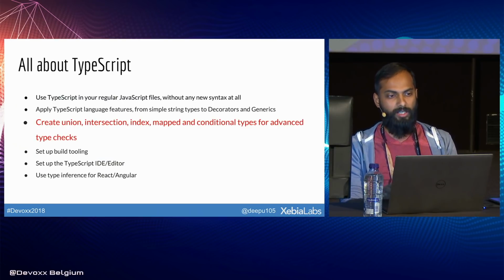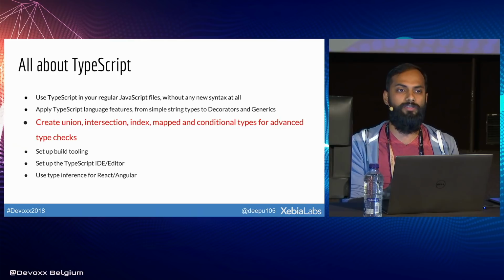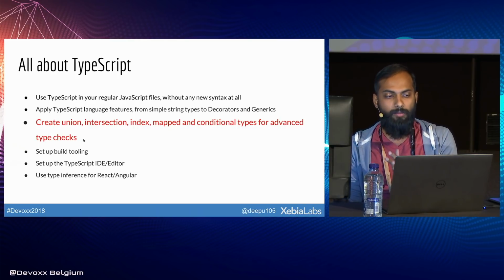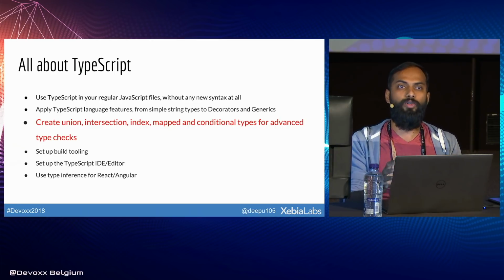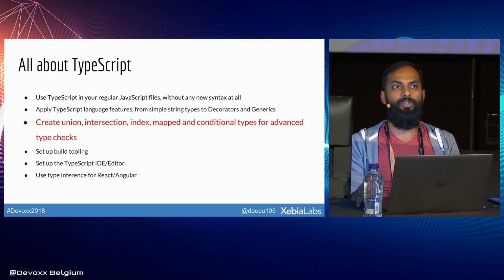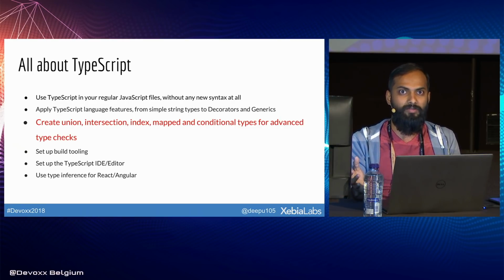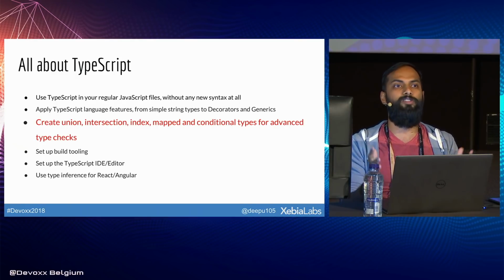So that's all about the basic language features of TypeScript. Next, we'll see more complex types like union, intersection, all those complex types, which are more useful. Actually, if you start doing TypeScript, you will hit a point where you can't work with simple types anymore. You would end up needing complex types. That point might be one month from when you start, or two days, depending on how complex your project is.